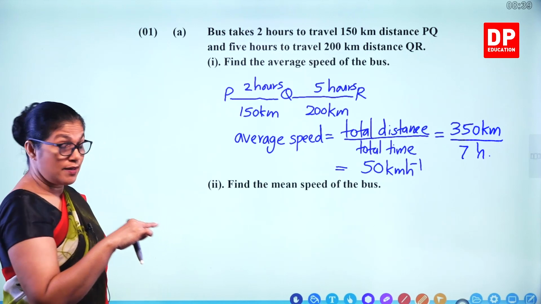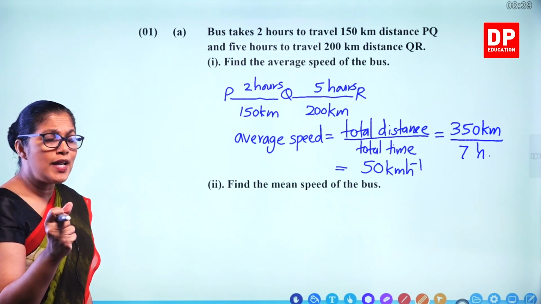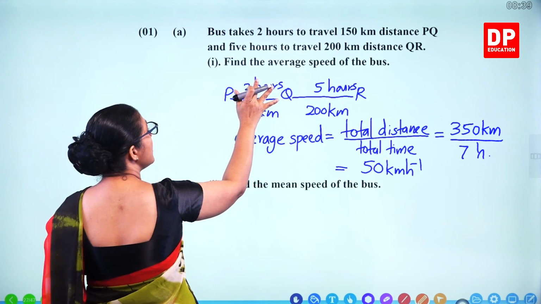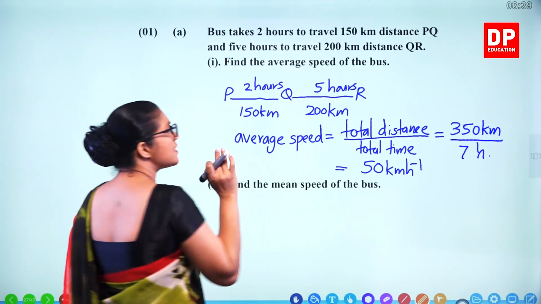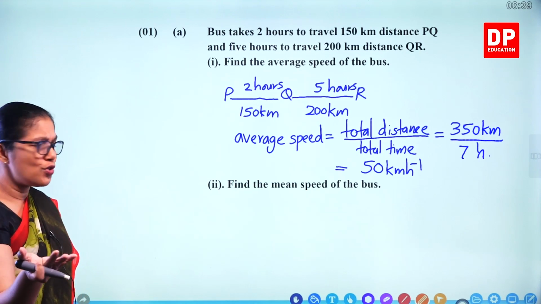Then you have to find the mean speed. Mean speed is different. When you are asked to find the mean speed, find the speed of the first part, find the speed of the second part, and take the average. Average means add and divide by 2.